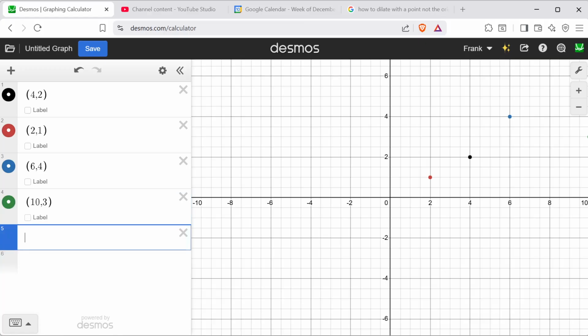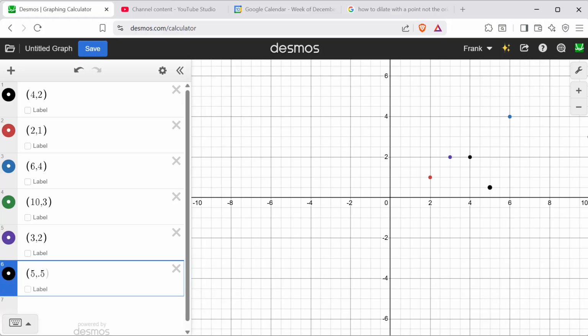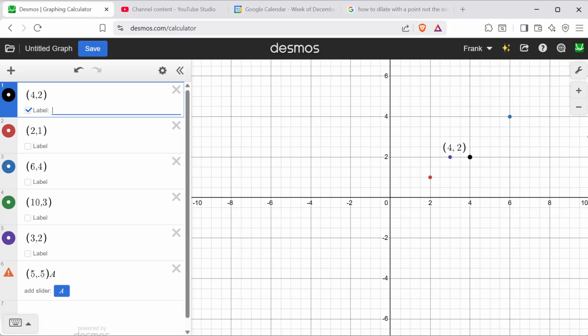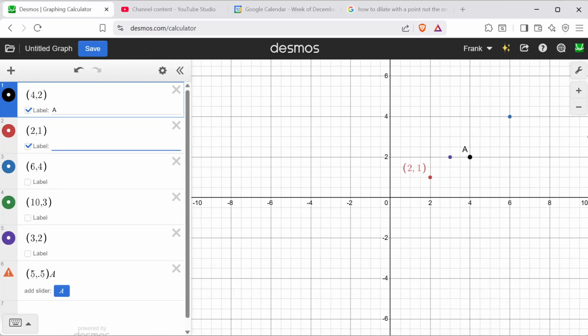And then I have 3, 2, and 5, 1.5. And so you can see, let me label these. 4, 2 was A. 2, 1, wait a minute, no, that's the new one, so that's A prime.